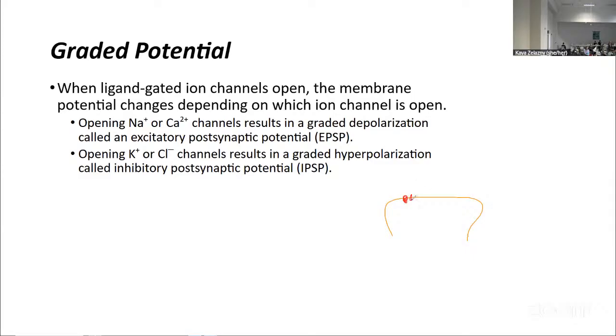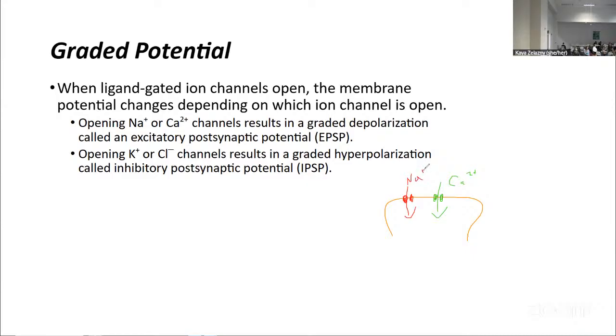Both sodium and calcium have electrochemical driving forces that point into the cell. Calcium, which is Ca2+, and that 2 actually makes it extra strong, and our sodium come into cells.